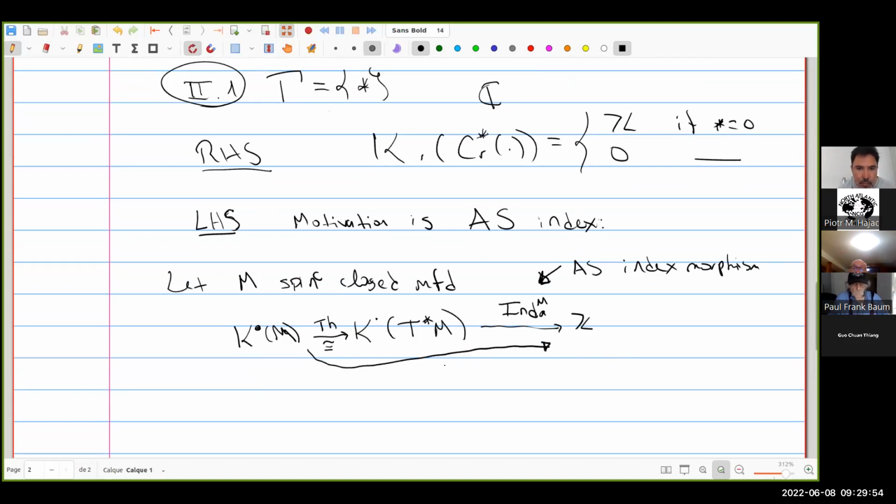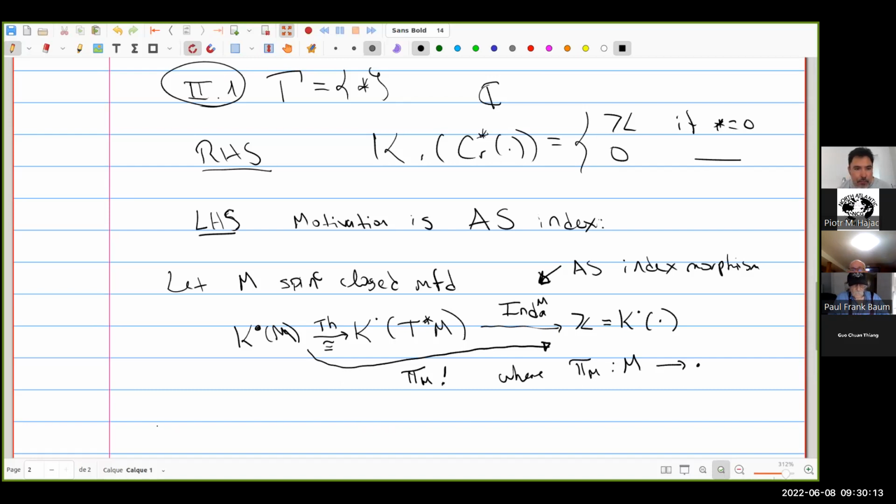This map is, in fact, I will call it the P_M strict, where P_M is just the projection to a point. So this is just the K-theory of a point, right?